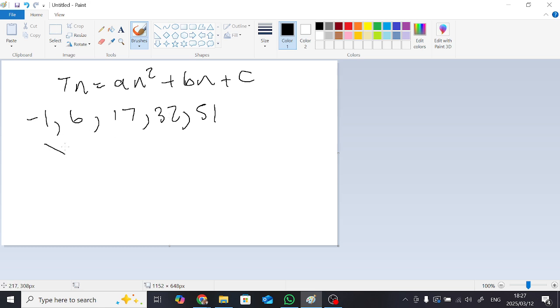What we want to do is find the constant differences, right? With a quadratic number pattern, there are usually two constant differences.